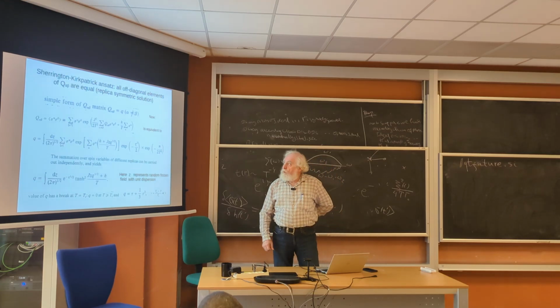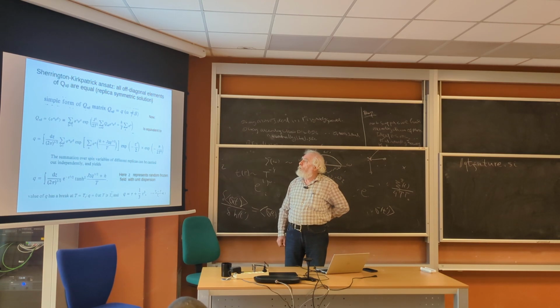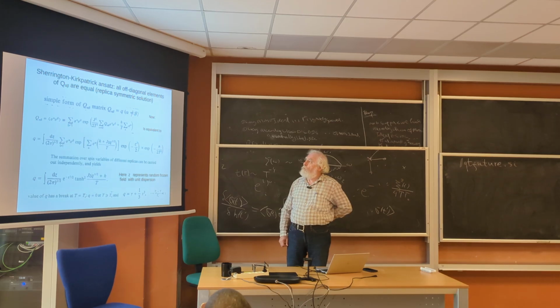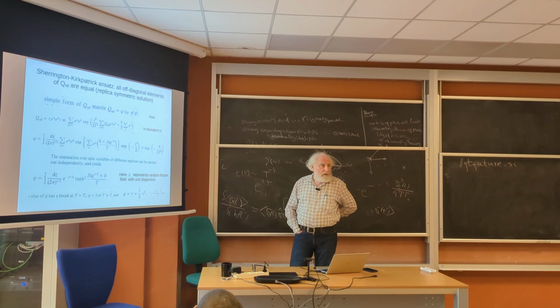Now, crucial point. Let us make the assumption that all these elements q alpha beta with alpha different from beta are the same and equal to some number q small.